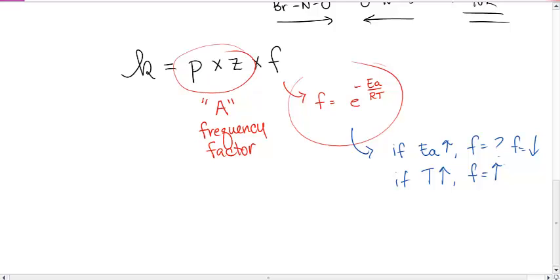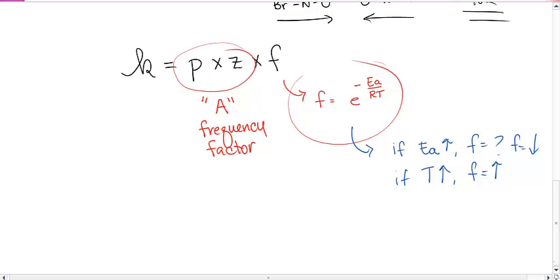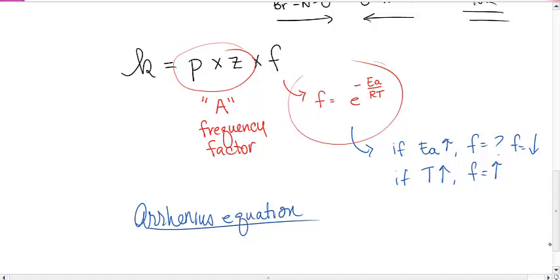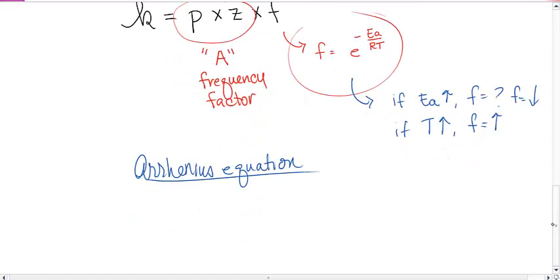All right, so the Arrhenius equation. The Arrhenius equation in its simple form, which we'll never use, but here's the simple form, is just putting those things together that I just said.